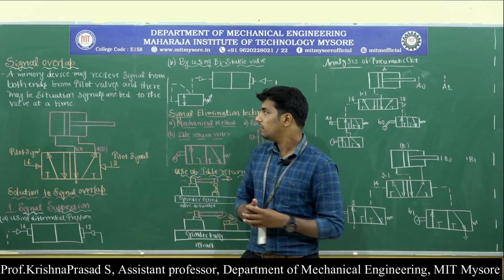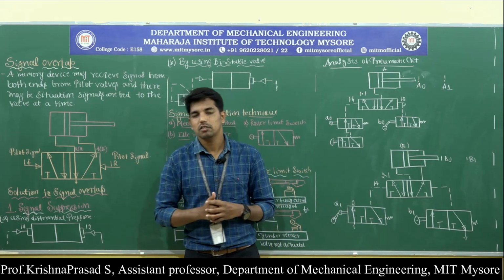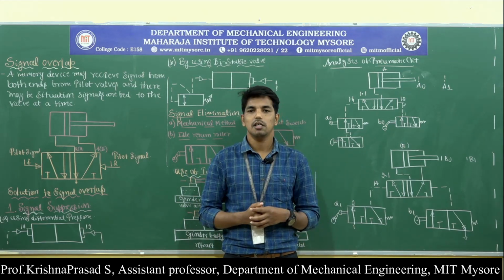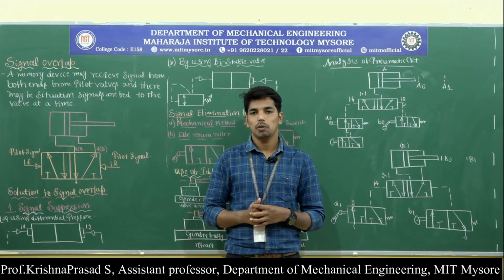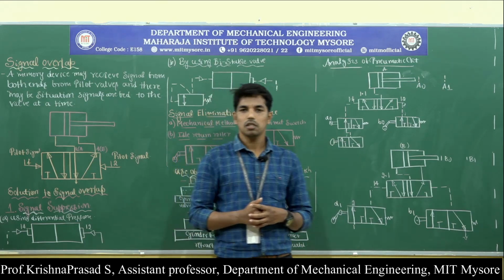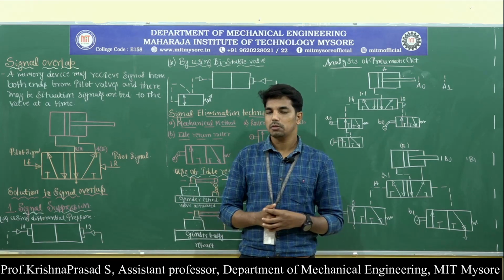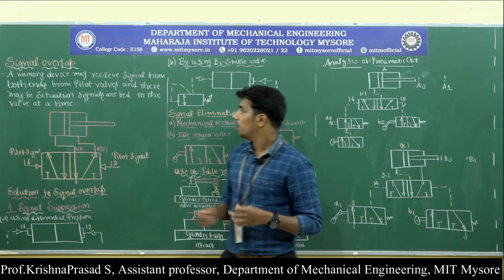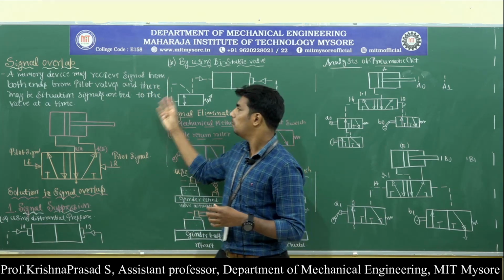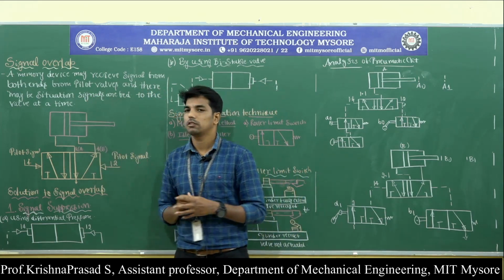Okay, so observe here. Signal overlap normally occurs in the memory valve or the memory device. The memory device is nothing but a 5x2 direction control valve. What is meant by the 5? The 5 is 5 ports and 2 is 2 positions. Then a memory valve or memory device may receive the signal from both the ends from the pilot valves.